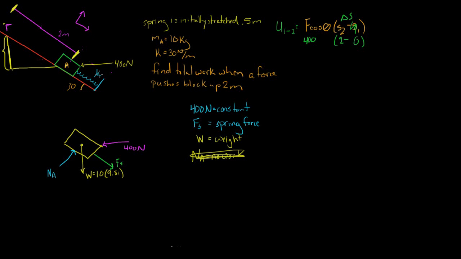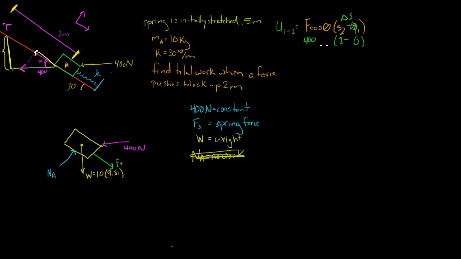If this is our 400 Newton force right here, this right here is going to be 30 degrees. The 400 is our magnitude, so we want this part of our vector right here.